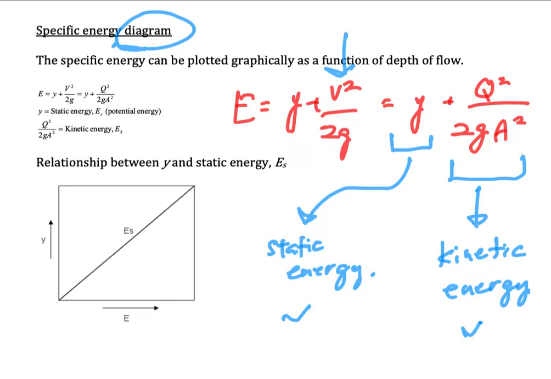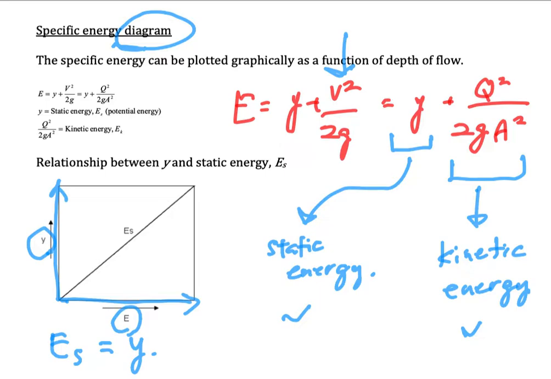So now we separate the equation. The static energy is equal to y. If we draw a graph, let's say we have E for the x-axis, and y is the y-axis.